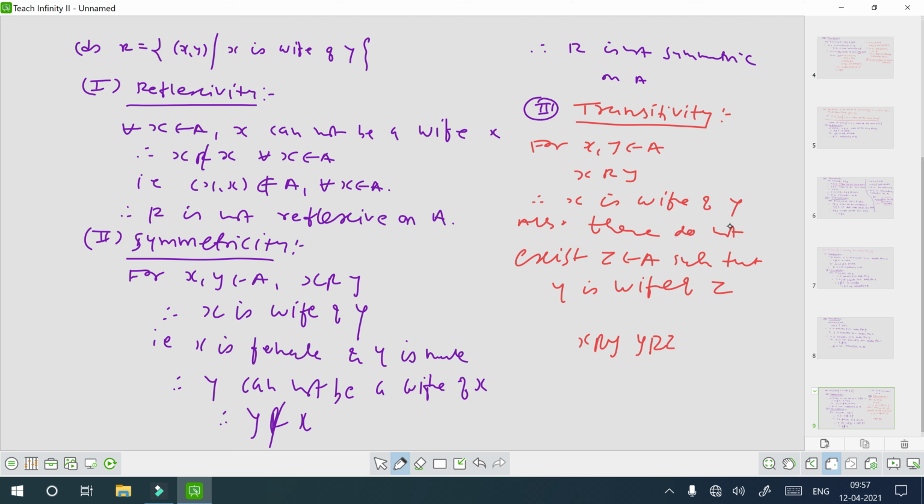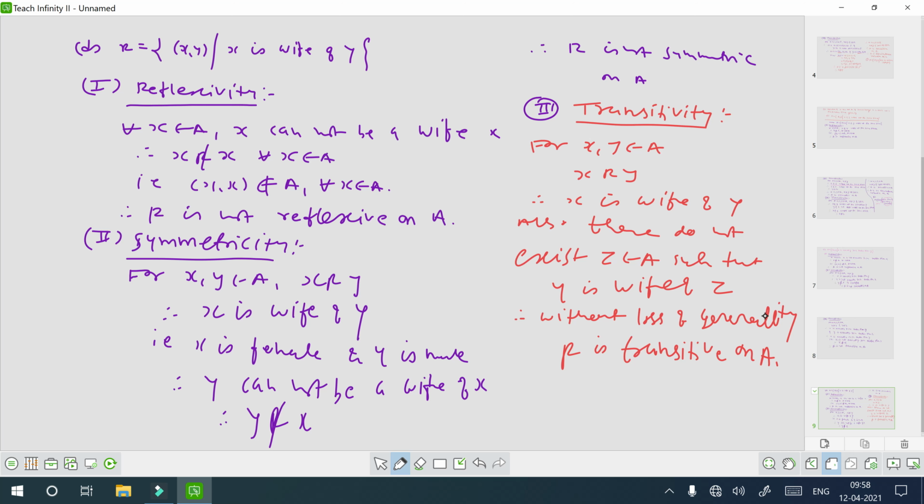And therefore, without loss of generality, R is transitive on set A. So in this case, if x is wife of y or x is husband of y, they can change this relation also. In that case, that relation is not reflexive, not symmetric, but transitive.